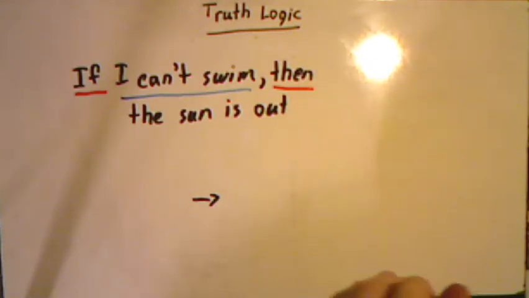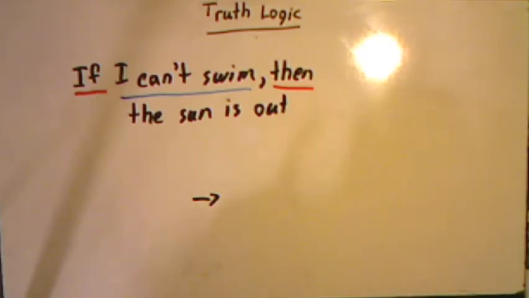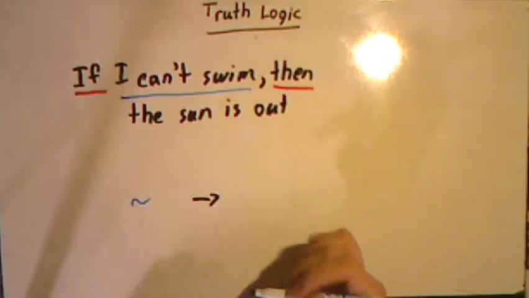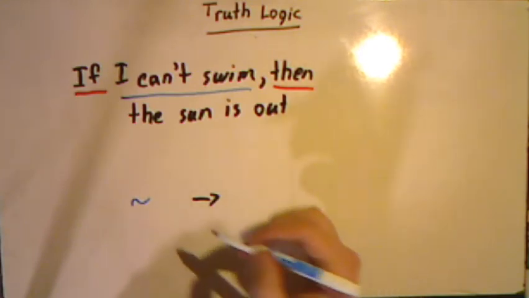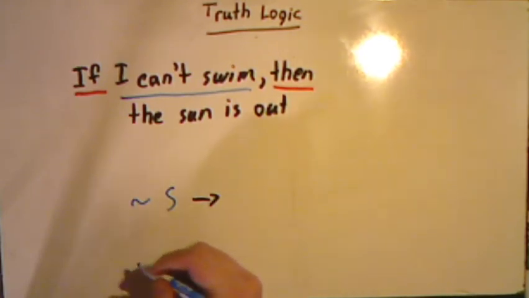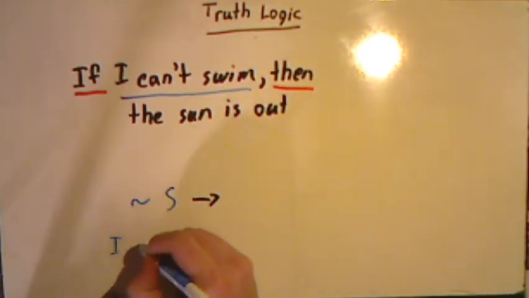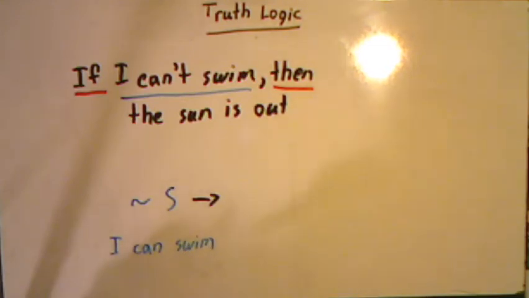Because there is some negative form of a sentence within it, then we know that we have a negation in front of whatever we're looking at. So our sentence would actually be, let's label it as S, and S is the sentence, I can swim.